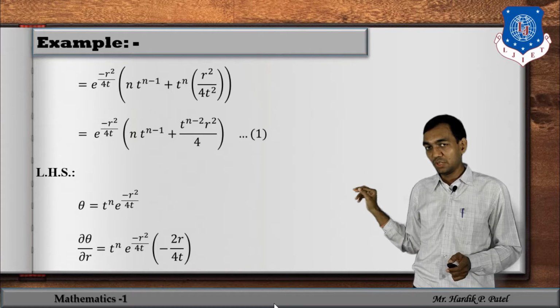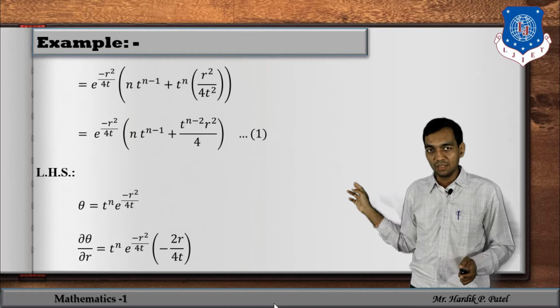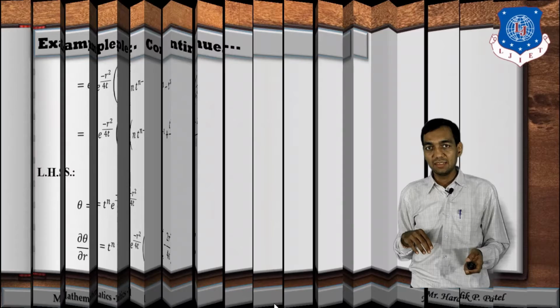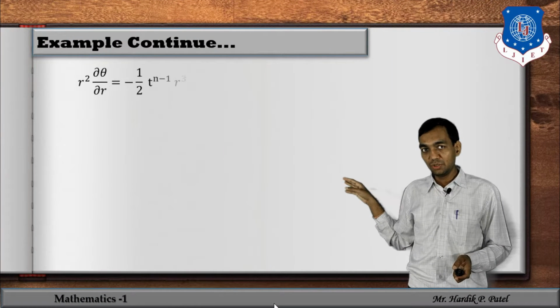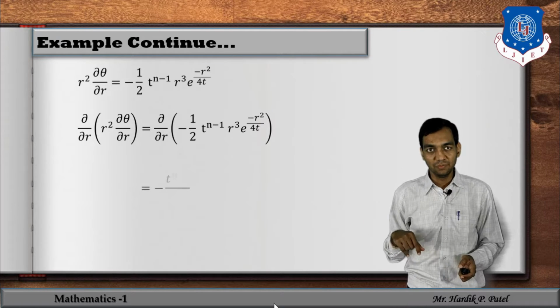So 1/4t remains constant, and the derivative of −r² is −2r. That gives −2r/4t. Simplifying this term gives −(1/2) t^(n−1) r e^(−r²/4t).